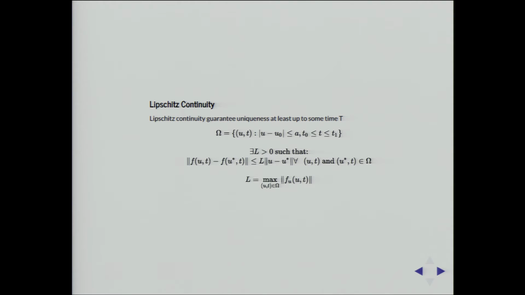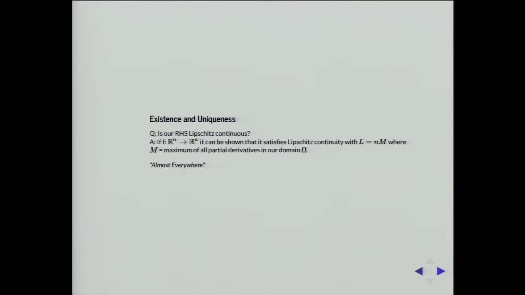So it can be wild under some conditions, and since we depend on R in the denominator, our domain has to exclude R equals 0 to be continuously differentiable. So if all the partial derivatives of our right-hand side are bounded, I can find my Lipschitz constant to be the maximum of all my partial derivatives.